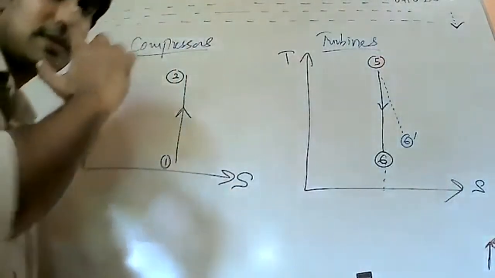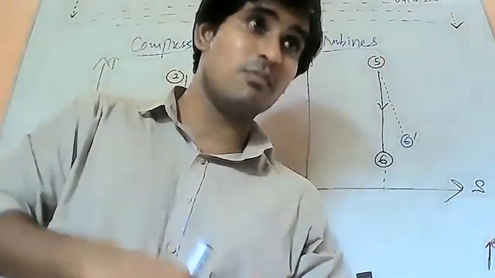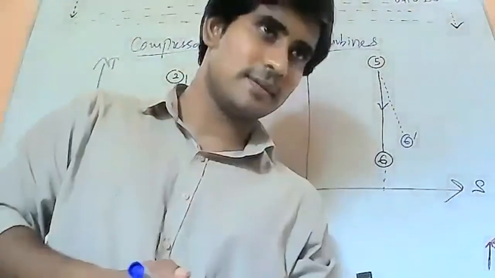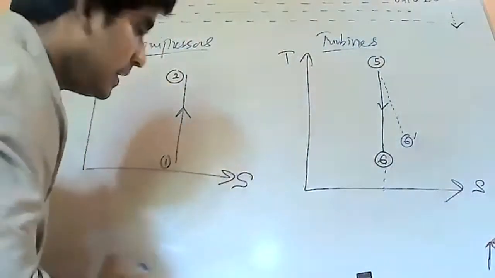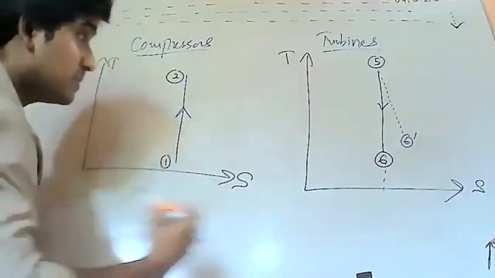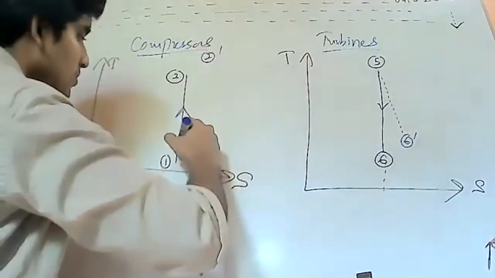For the compressor, because of the efficiency, we have to give something more than the expected, right? So point 2 is the ideal scenario. According to the real scenario, we have to do something more than 2, so we obtain a point called 2 dash.